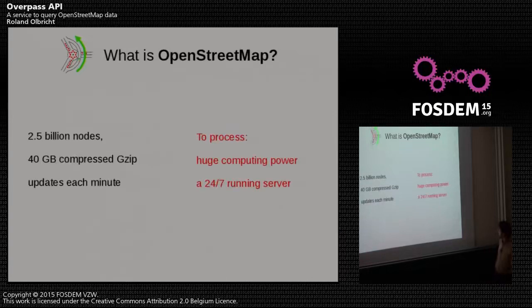If you really want to process this, you would have to run your own server with not insignificant computing power. We offer a full data dump, the Planet OSM, produced roughly once per week, and it's not unusual to need 24 hours to get this into a relational database.